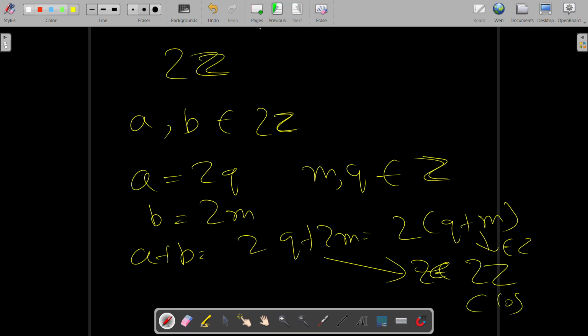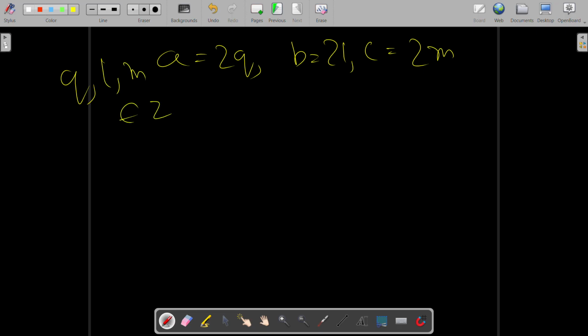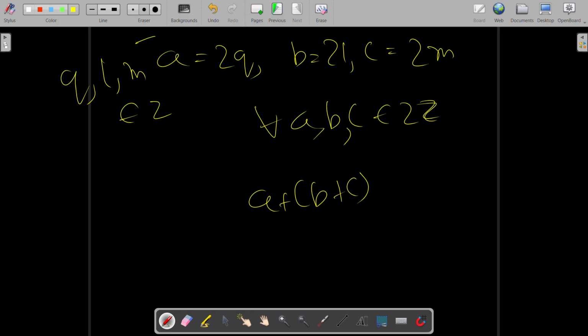Similarly, for a equals 2q, b equals 2l, and c equals 2m, say, for some q, l, m belonging to Z, and for all elements a, b, c belonging to 2Z, we have (a plus b) plus c equals a plus (b plus c).